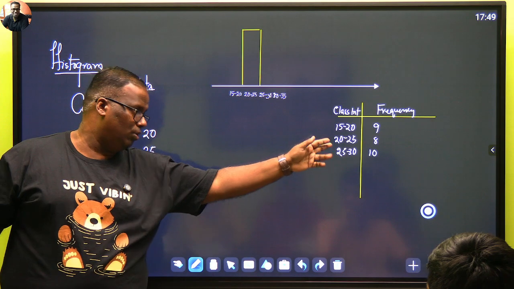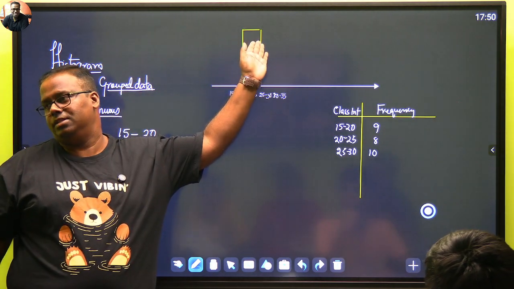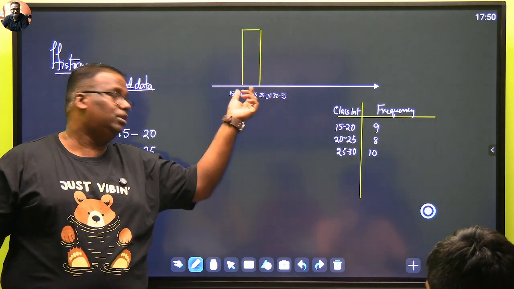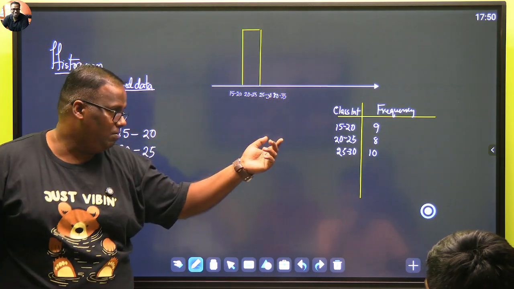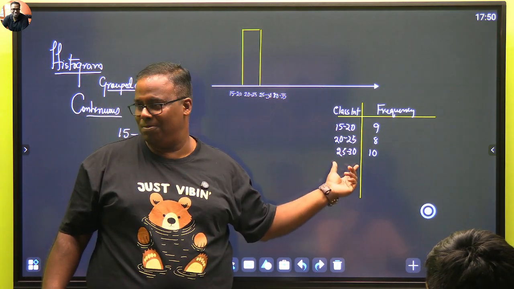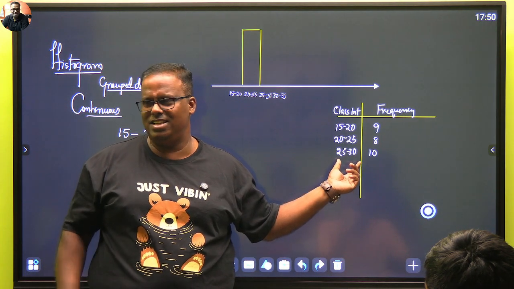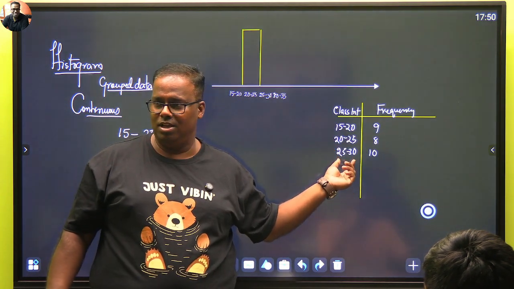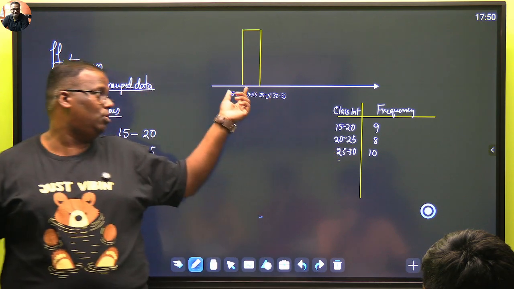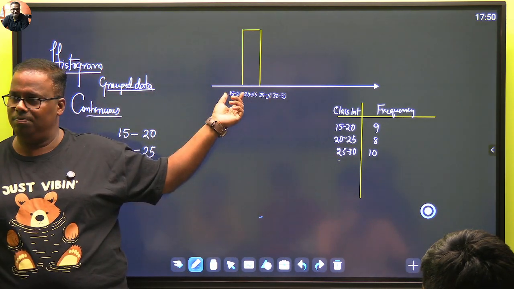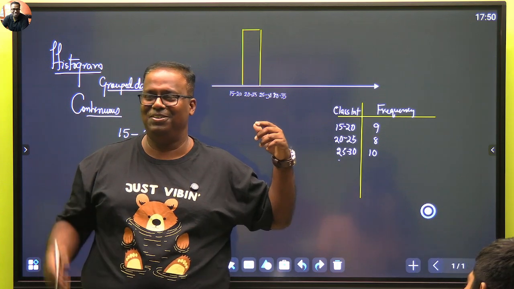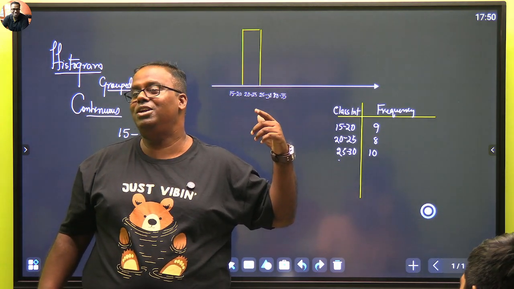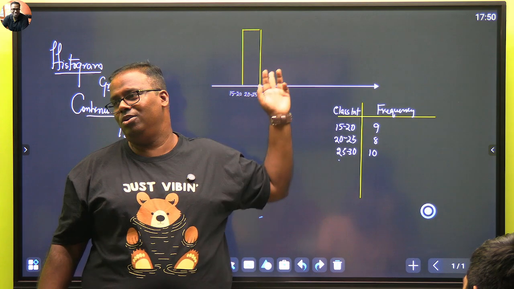How much should be the length of the bar for 20 to 25? The length should be 8. Width of each bar is the same. Why the same? Because class width is the same. Understand first, it is not something to memorise. If class width is the same, then the width of every rectangle is the same. So area is now dependent only on the length.